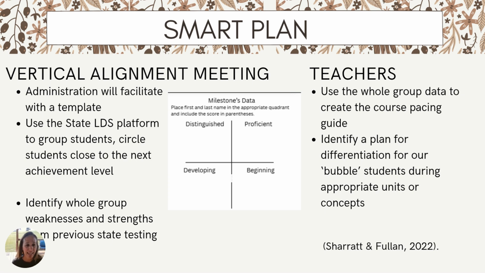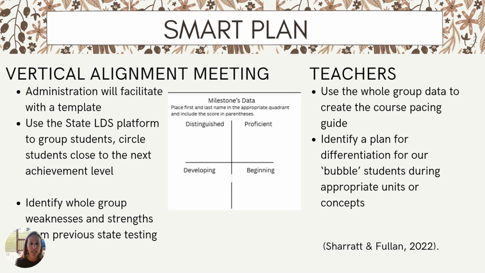So then I will take that data and identify a plan for differentiation for any of those students. I'm going to call them our bubble students. And so I'm going to actually take those students and dive deeper into their data and look at what units, or not units, but what domains were they struggling with?